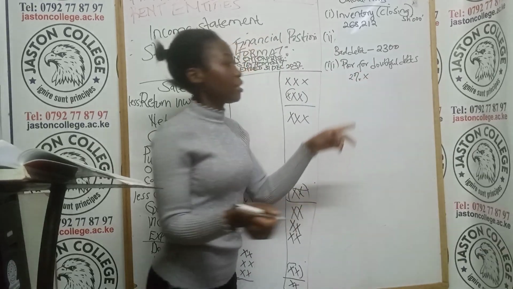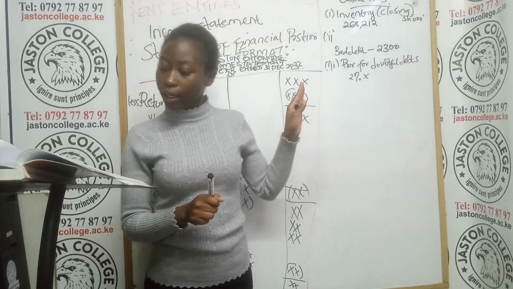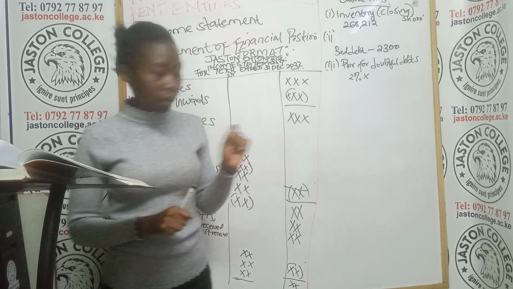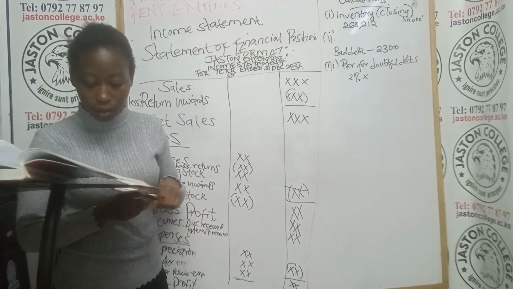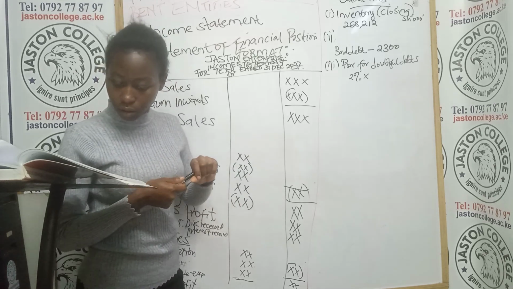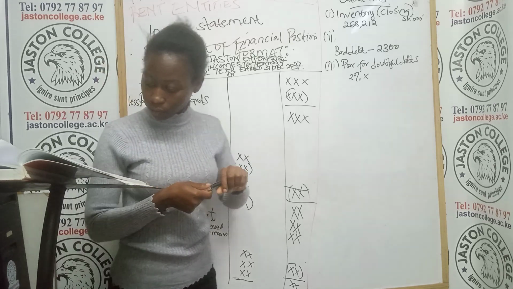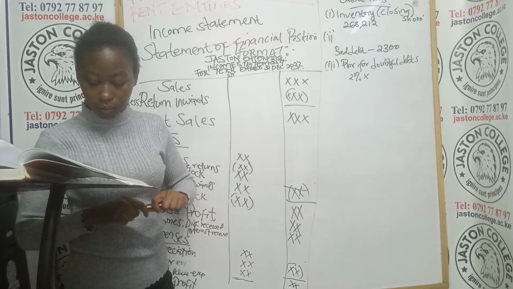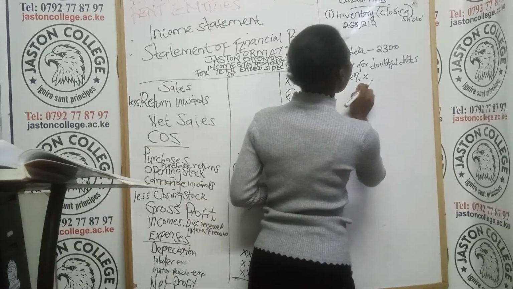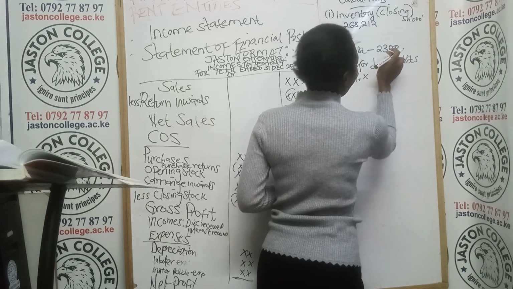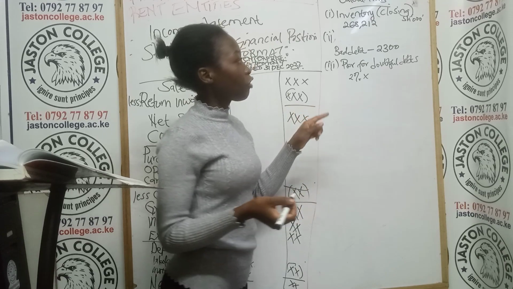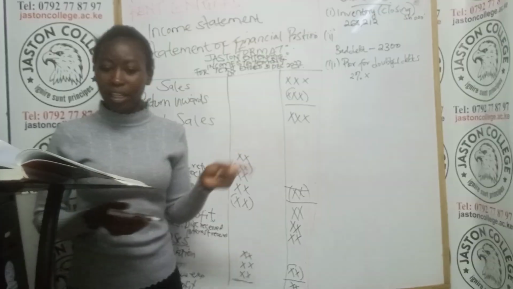So we are going to take 2% of the total debts. So an allowance for doubtful debts is to be created.